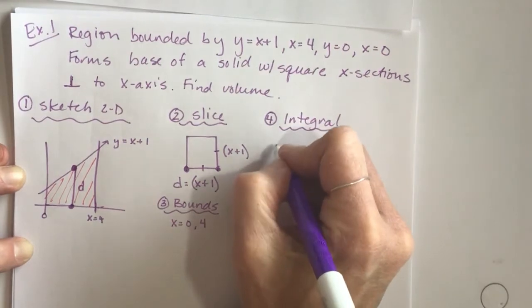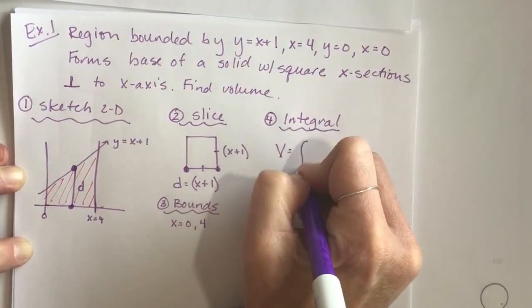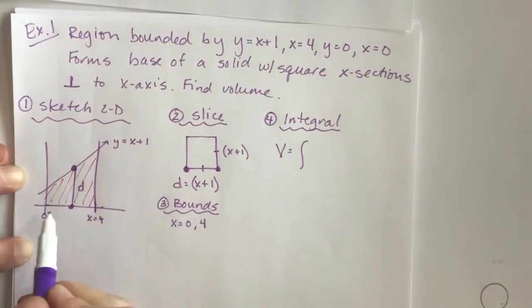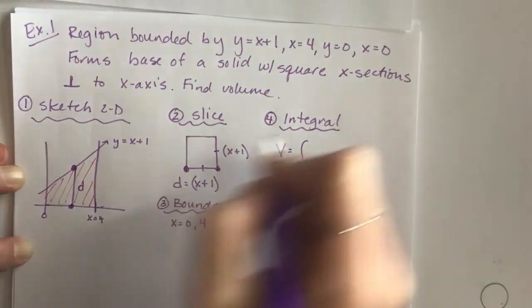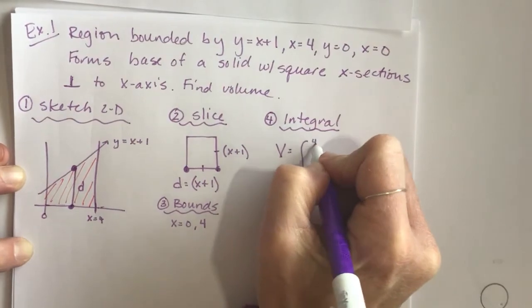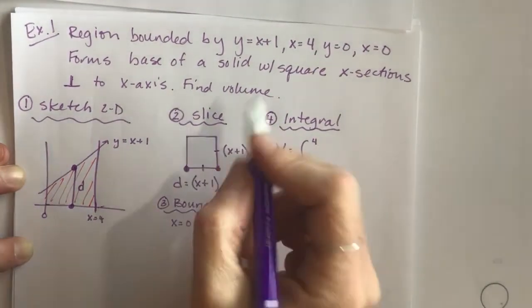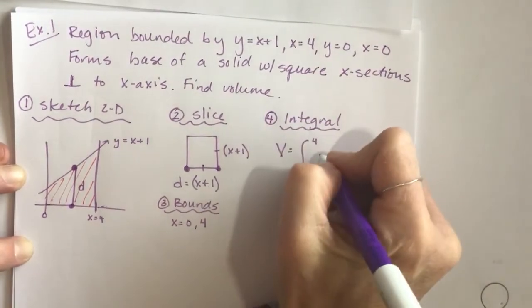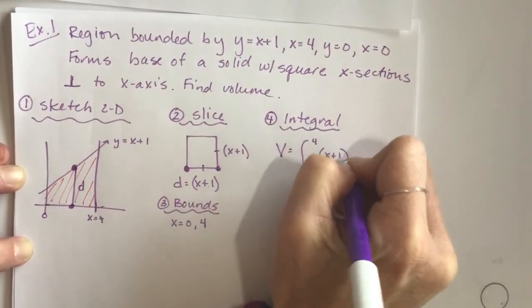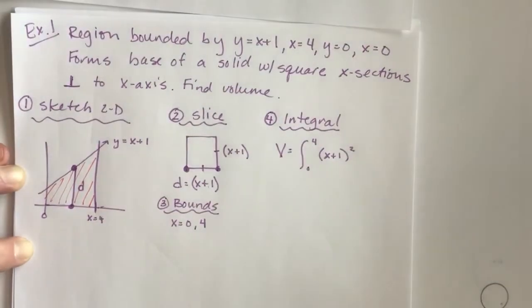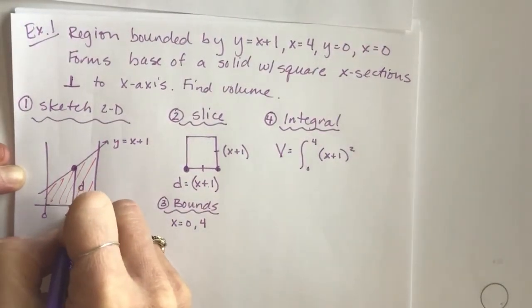So we're just going to write the integral for the volume. These squares are stacked this way, so we're summing our squares from 0 to 4. And the volume of each slice is the cross-sectional area, which is x plus 1 squared, or that d squared for area, times the little tiny thickness of dx.